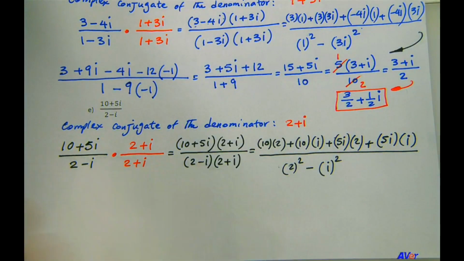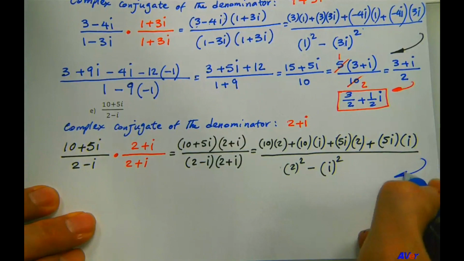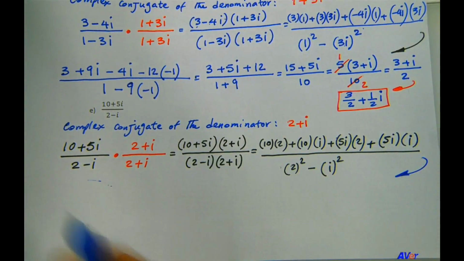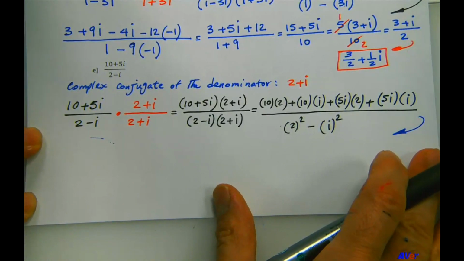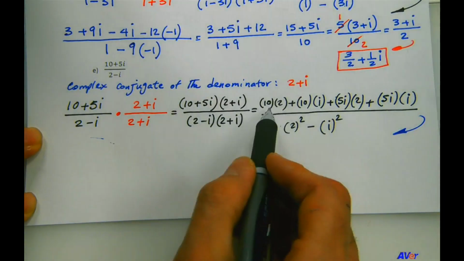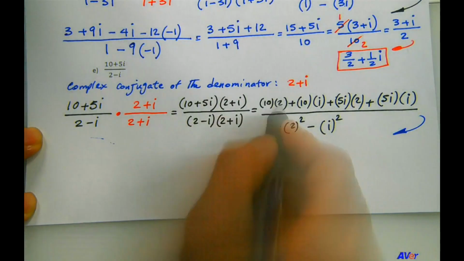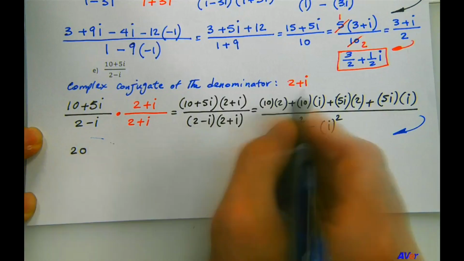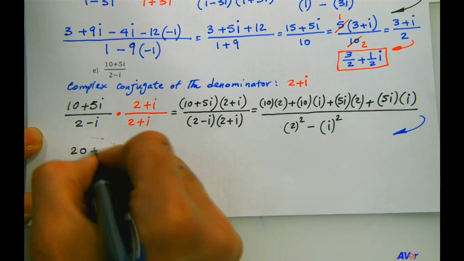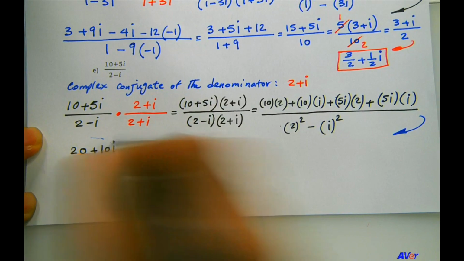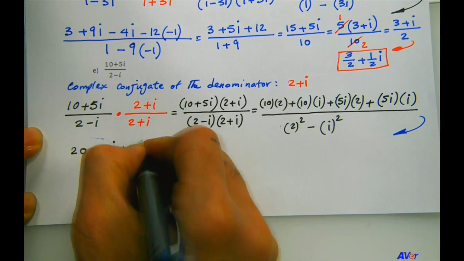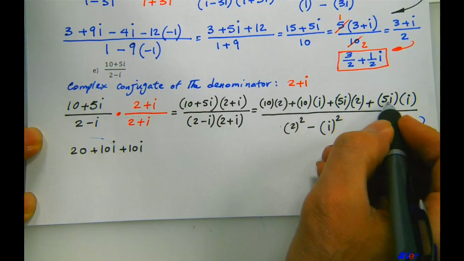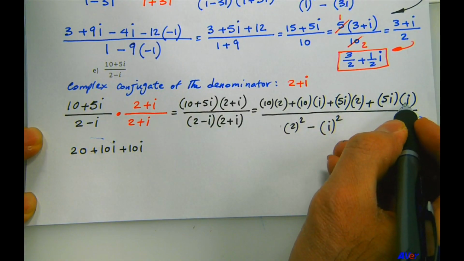Okay, so we're going to simplify it down here. I'm going to start on this side. So 10 times 2, 20. 10 times i plus 10i. 5i times 2 plus 10i plus 5i times i, right?